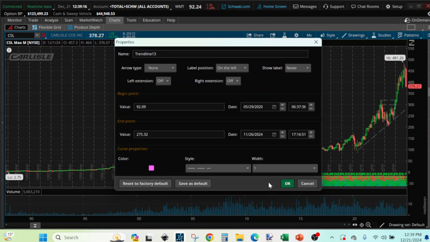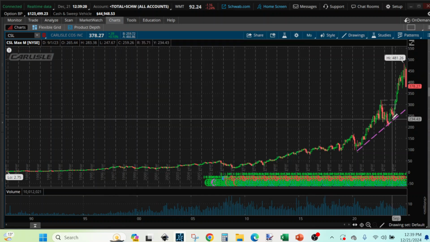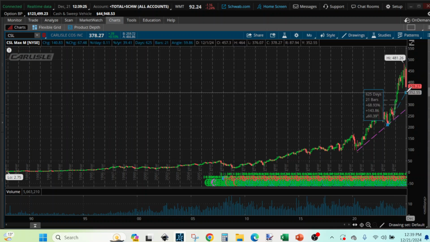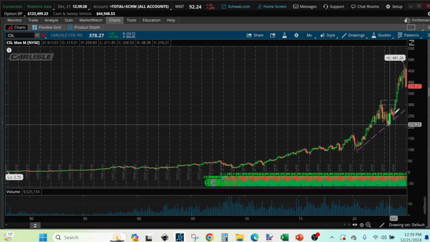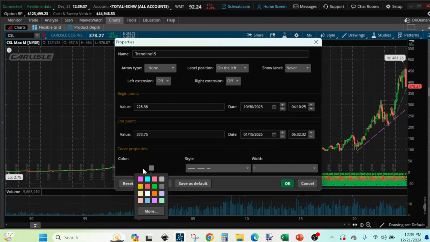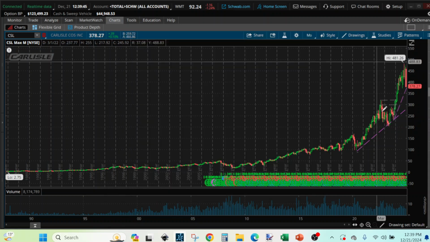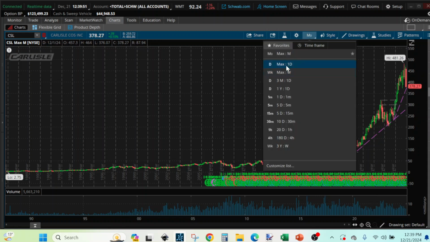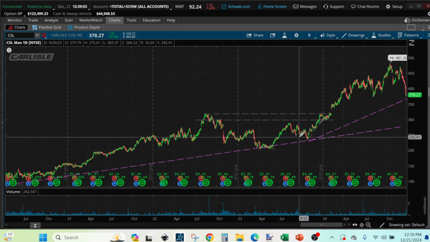And it's not going to get us there. I don't know how I feel about that. Let's go to weekly chart to see what I can find there. But let's go to maximum daily chart.